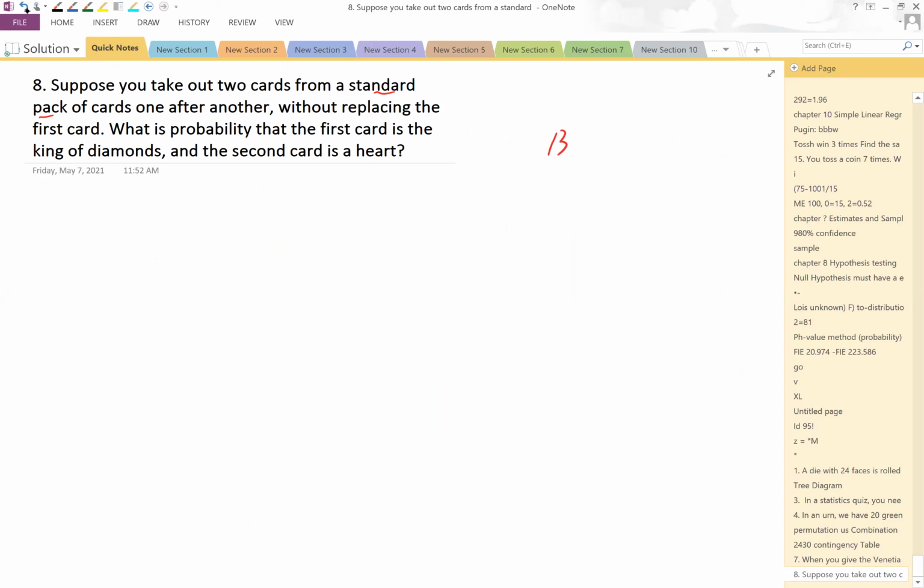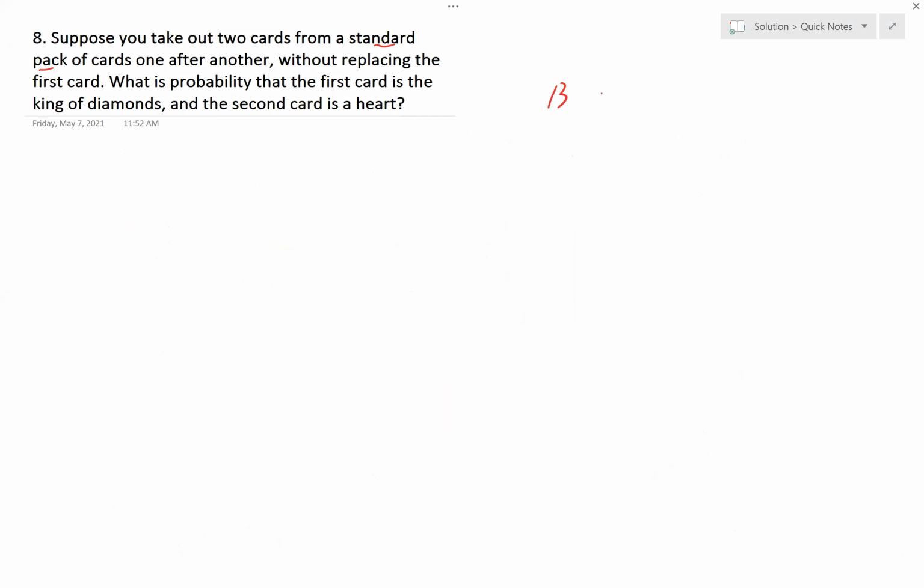So we have 13 clubs, 13 diamonds, okay, and 13 spades. And there's one more suit.